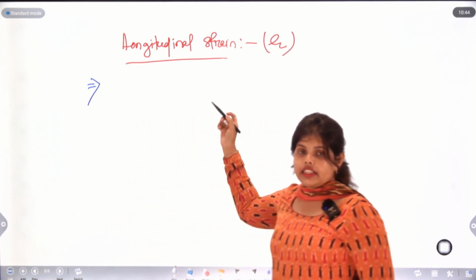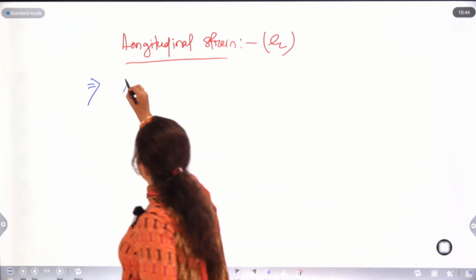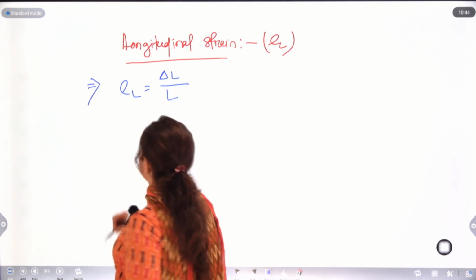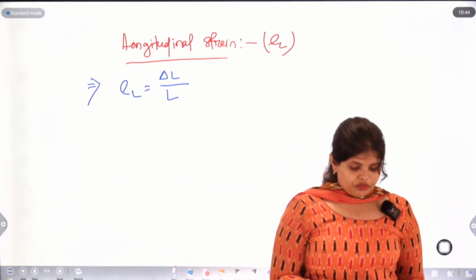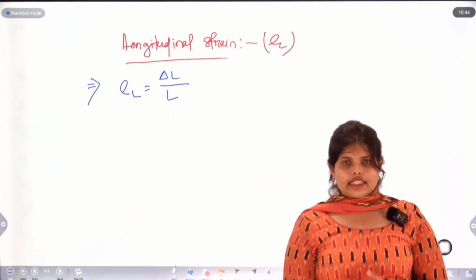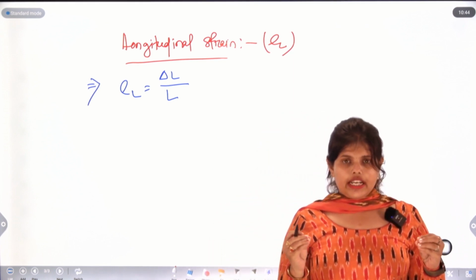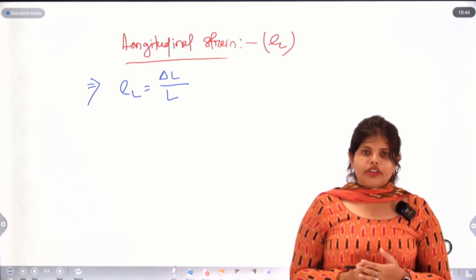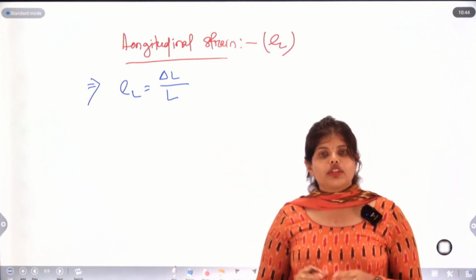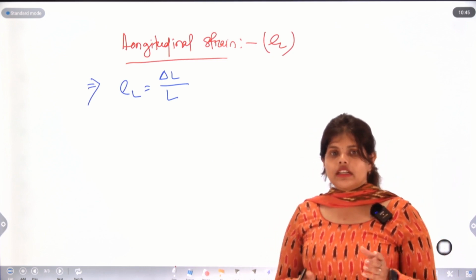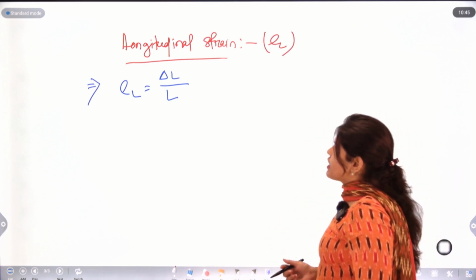We will need del L by L. So, the formula is del L upon L. In case of longitudinal stress, our tensile force is in the longitudinal direction, so the compressive force is in the circumferential direction.